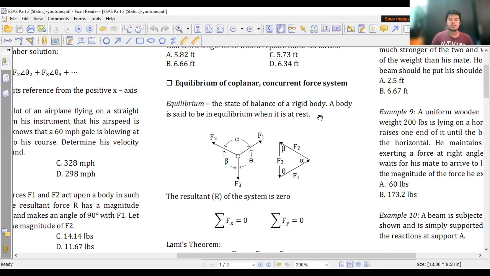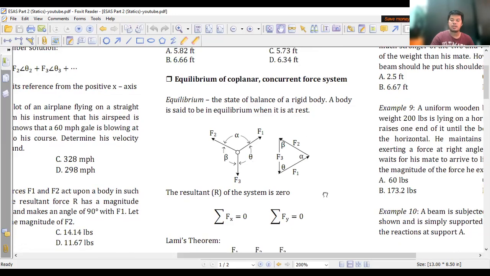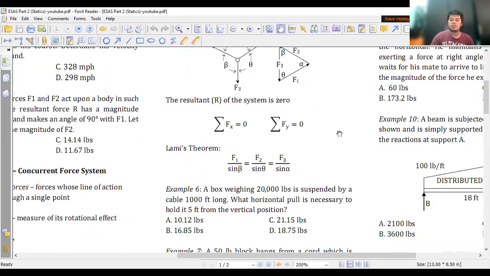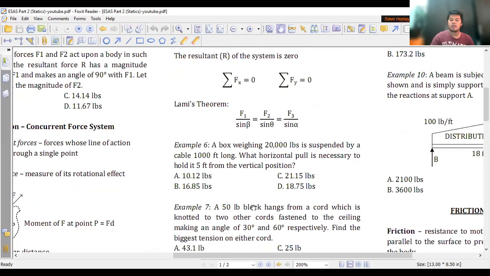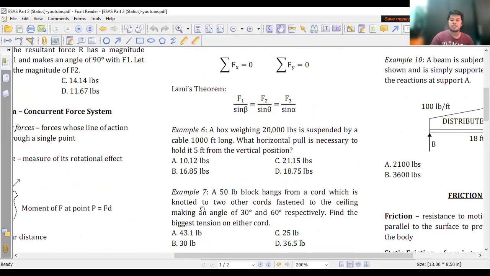So how do we analyze problems or topics about equilibrium? We start first by studying the coplanar concurrent force system. We already know what a concurrent force system is, and later on we follow with the analysis of the non-concurrent force system.